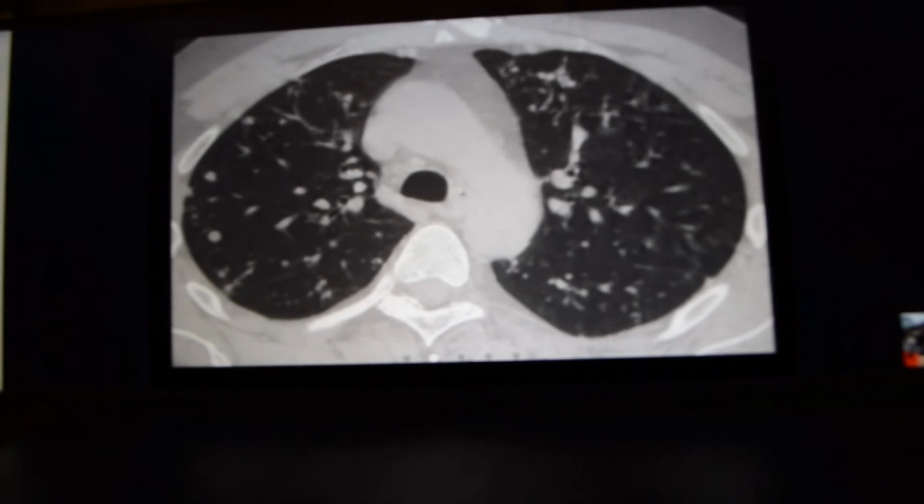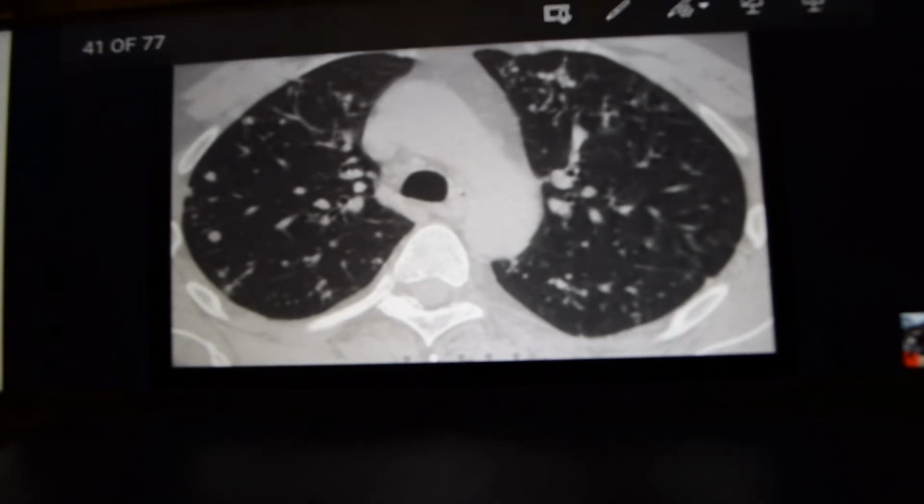This is metastasis. You can see that these are nodules representing the metastasis. So what type of nodules are metastases? Random. They are random, hematogenous or perivascular nodules.